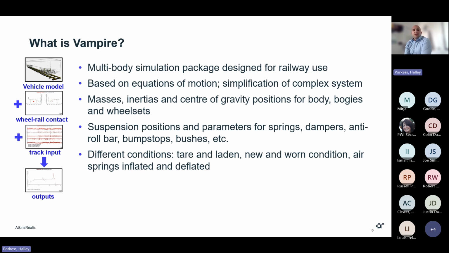For the suspension elements, we're looking at springs, dampers, and other things like anti-roll bars, bump stops, bushes. These are all simplified into essentially stiffnesses and damping parameters. We also look at different conditions, so we'll look at tare and laden, new and worn wheels, inflated and deflated air springs.